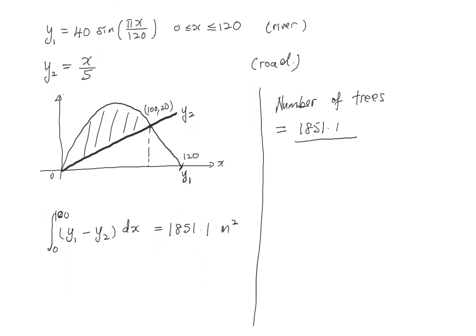One tree per 12 square meter, correct? So divided by 12.